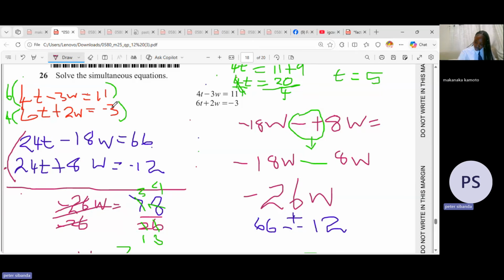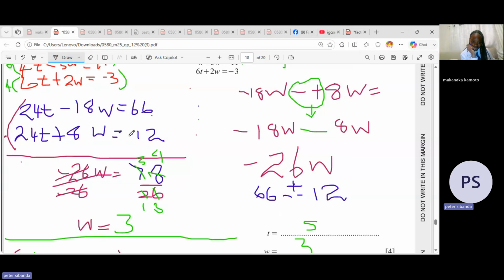Minus 12 still fine. We subtracted it. This minus this, 0. Minus 18, that's minus 26. And then 66 minus positive 78. So divide by, yeah, we subtracted by negative 26.